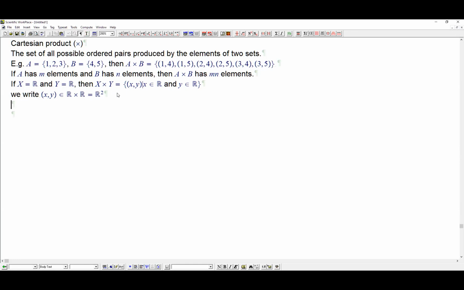And of course, we can extend the concept to (x, y, z), which will be an element of what?